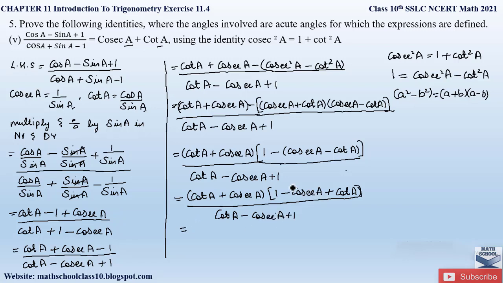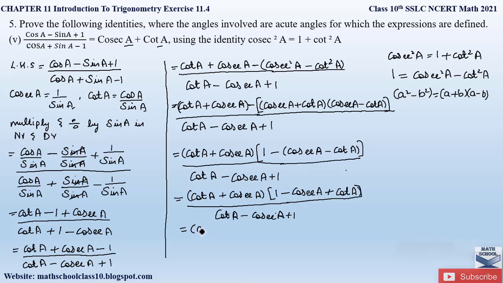Right, here in the numerator and denominator, you can observe that we have 1 minus cosecant A plus cot A. Again in the denominator we have 1 minus cosecant A and plus cot A. So let me rearrange the terms so that you people don't get confused. So again I will rewrite this step by rearranging the terms in the numerator.